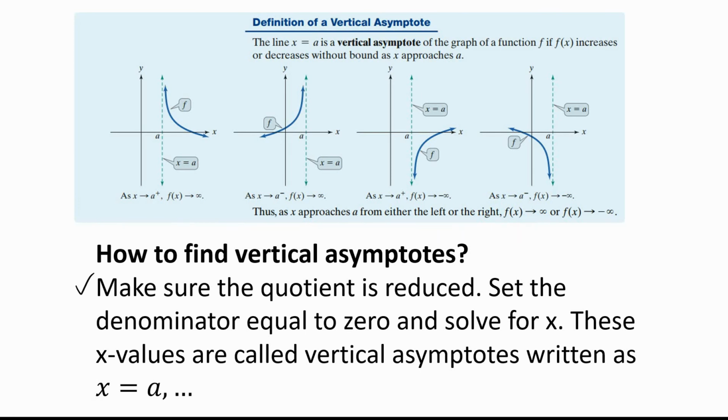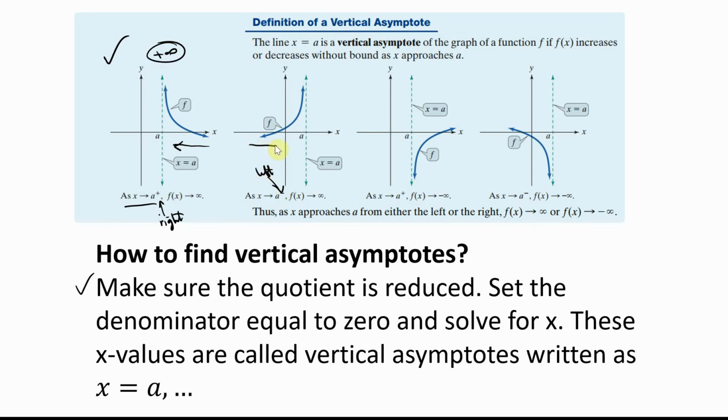So look at this first illustration. As x approaches a from the right, that plus sign means I'm getting closer to a from the right, this way. What happens to the graph? The graph shoots up into heaven, right? And then what happens as x approaches a from the left?